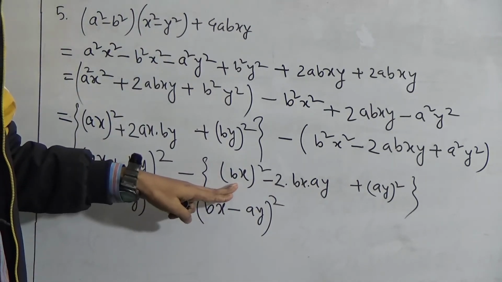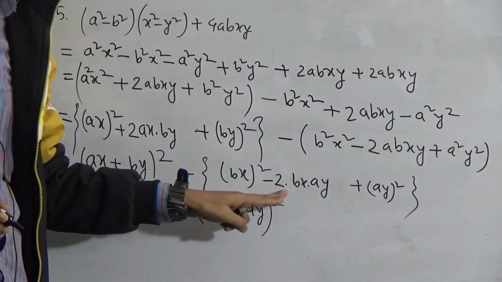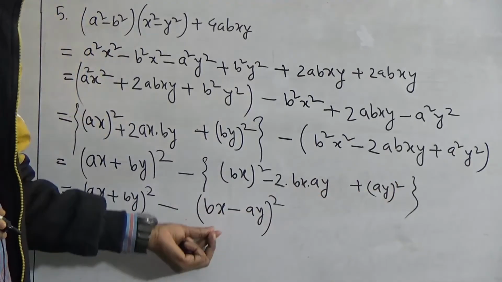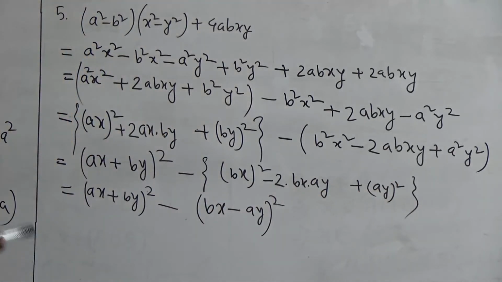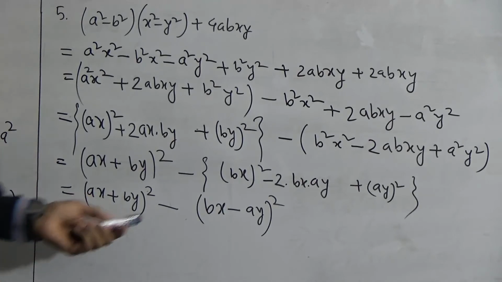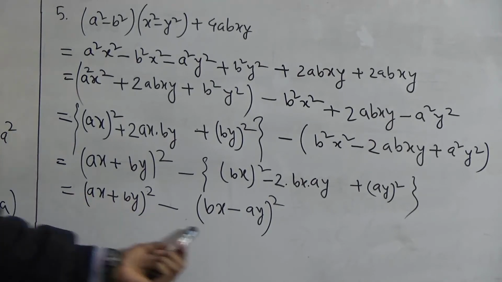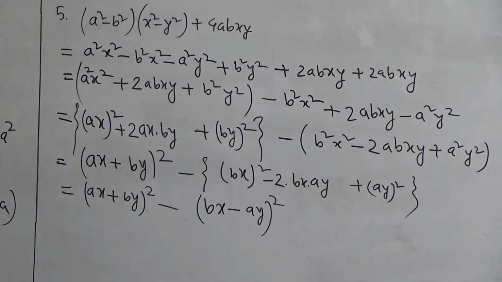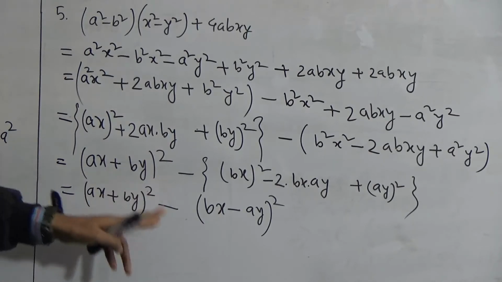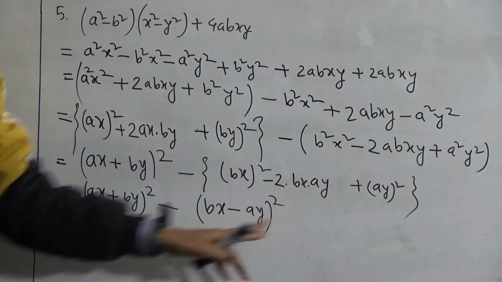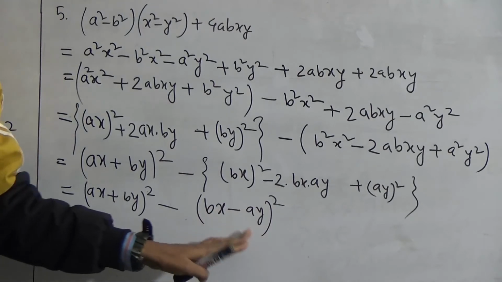Okay, look, this is a square minus 2ab plus b square, that means bx minus ay whole square. Now see, again this expression, a square minus b square, that means you have to consider ax plus by equal to a, and bx minus ay equal to b.